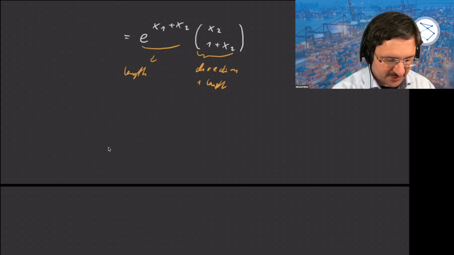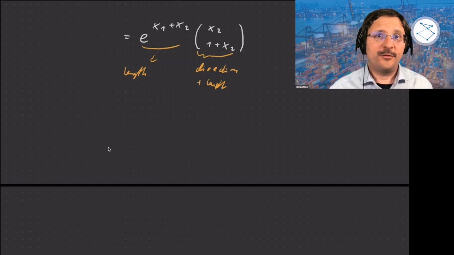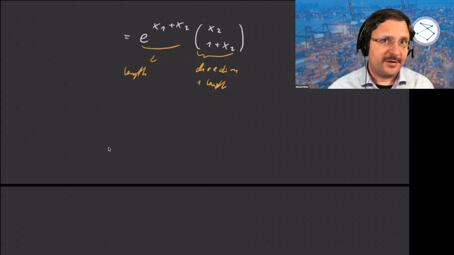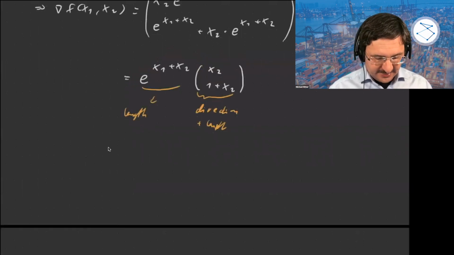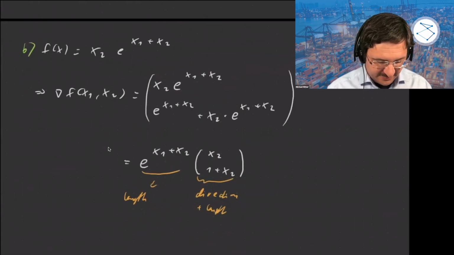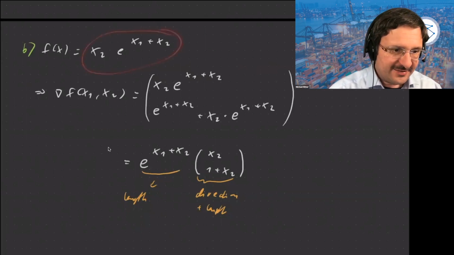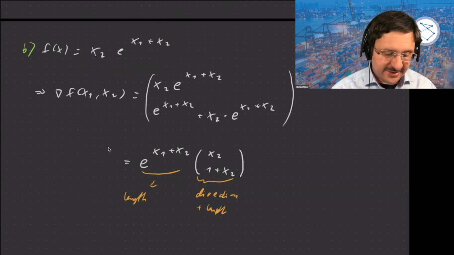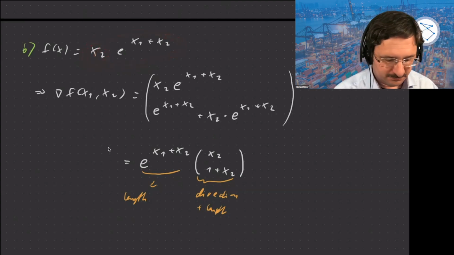So one possible strategy to plot a vector field would be to first plot a level plot of that function, or get a rough idea of what the levels of that function are. And of course, this is basically an exponential function here and some x2 involved, so it's not that easy. But what you can see immediately is that for x2 equals 0, the function value will be 0, right?